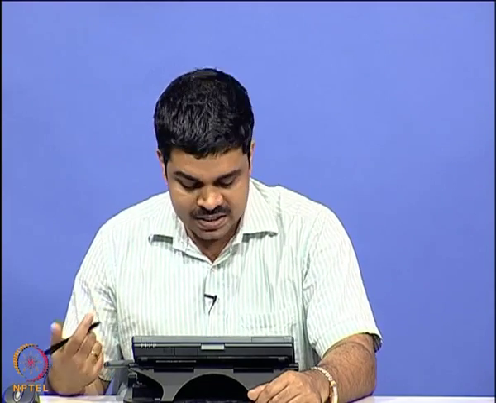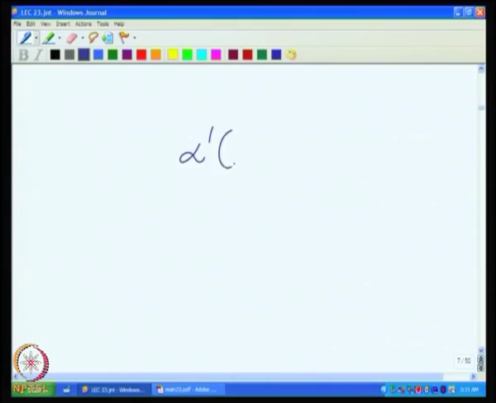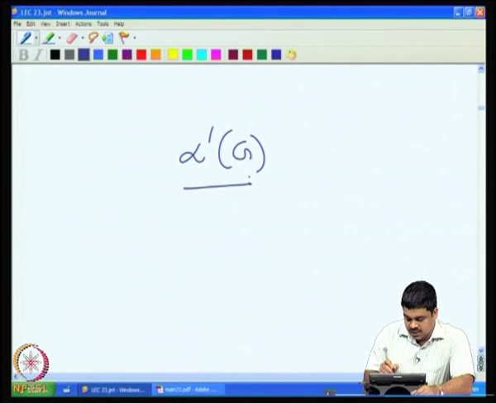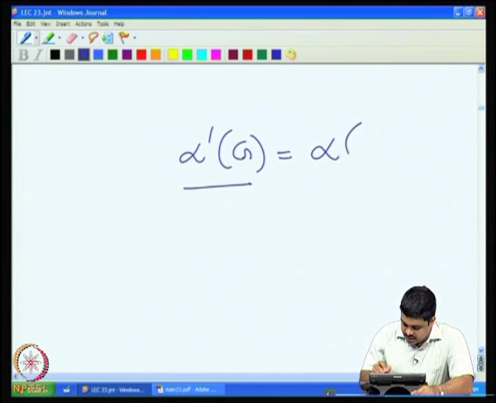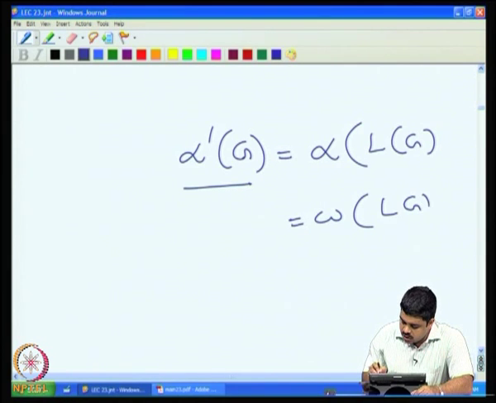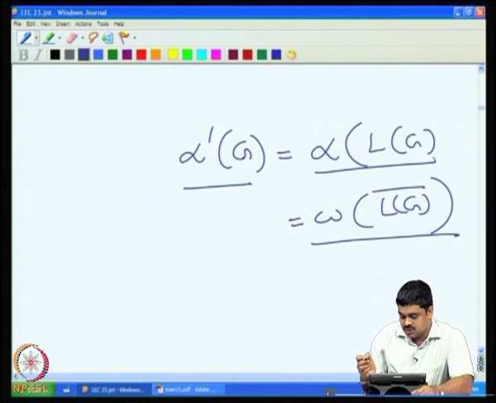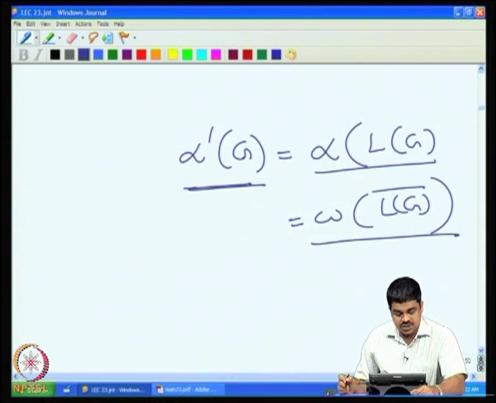Of course, the vertices are edges of this graph. So, the independent set will correspond to the biggest matching, that will become alpha dash of G for the original bipartite graph. If G is the original bipartite graph, this will be the biggest independent set in L of G, and that will be omega of the complement of L of G. This is what we are interested in. So, that is essentially alpha of L of G, and that is essentially alpha dash of G, the maximum matching in the original bipartite graph.